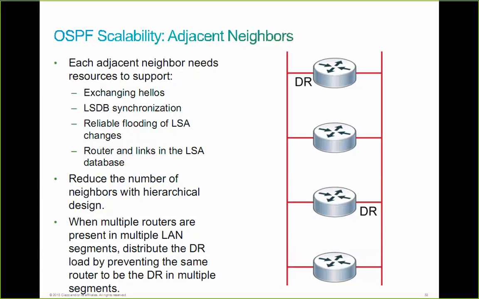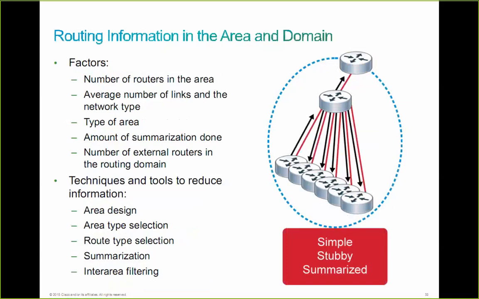All right? It's very difficult to give you a specific number because there are so many mitigating factors that go into designing OSPF, but you kind of just consider your worst case scenario.